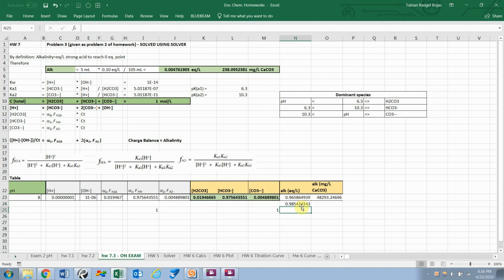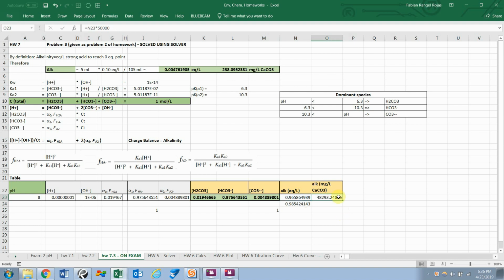And it gives me basically the same value. Now that value, I'm going to multiply by 50,000. That's my alkalinity in equivalents per liter. I'm going to multiply it by 50,000 to get my alkalinity in terms of milligrams per liter calcium carbonate, and that's what that value is right here.